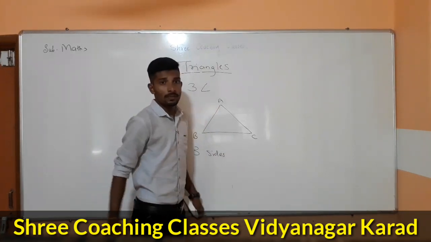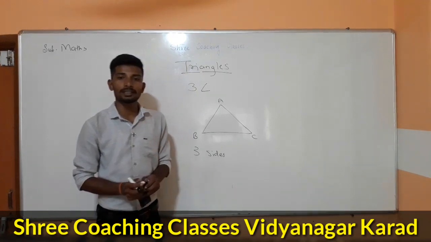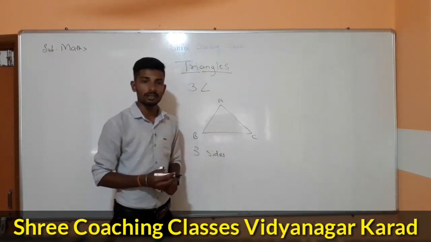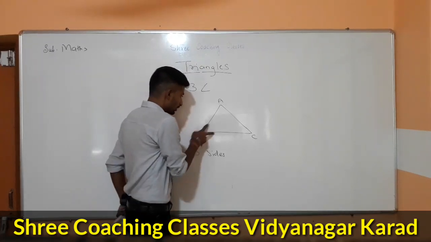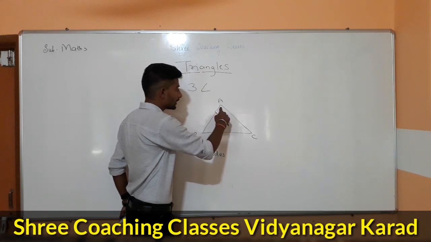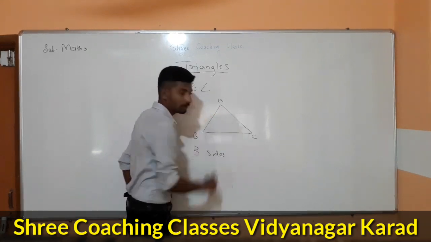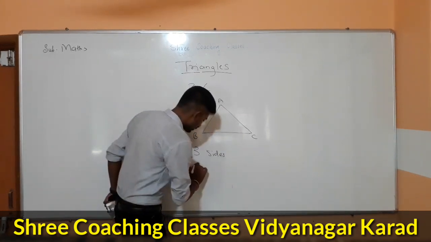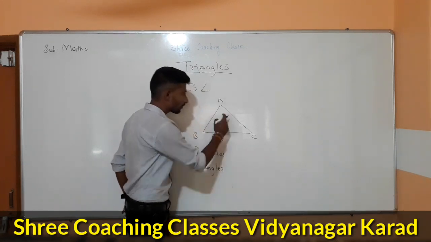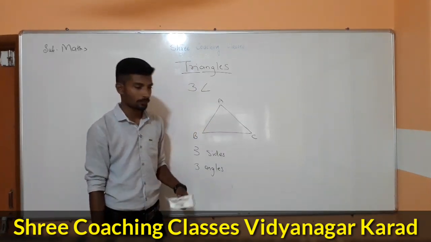Yesterday we saw angles. So how many angles are there in this triangle? See, here two lines join and we get an angle. Here is the second angle, and this is the third one. So three sides and three angles together form a triangle.